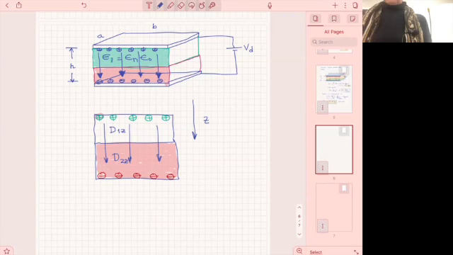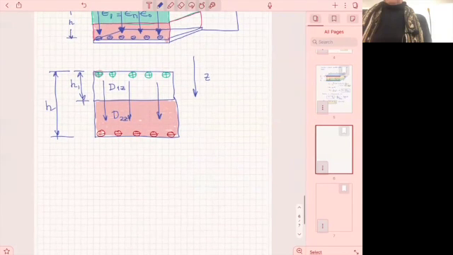So if this, for example, is H, and this is H1, H2 will be H minus H1. Let's call that H2. Now we connect a voltage source.